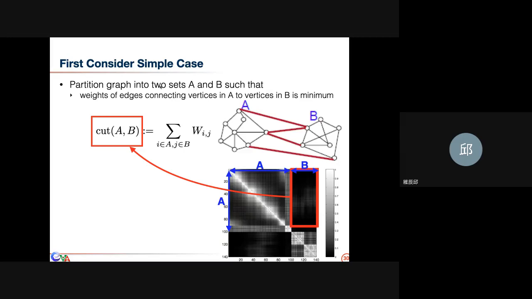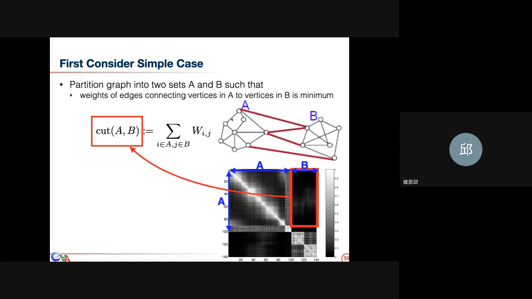So now we will partition the graph into two sets A and B, such that the weight of edges connecting vertices in A to vertices in B is minimal. That means we would like to make the similarity between the data points across A and B small.